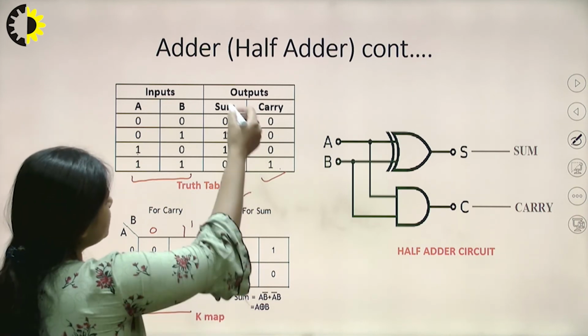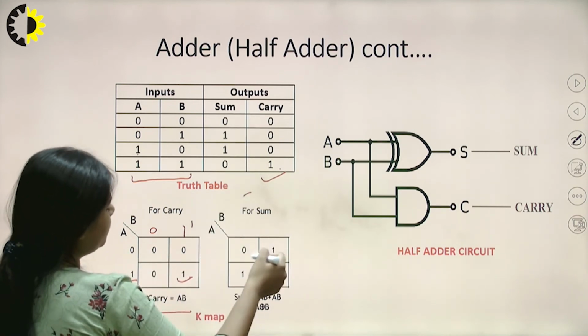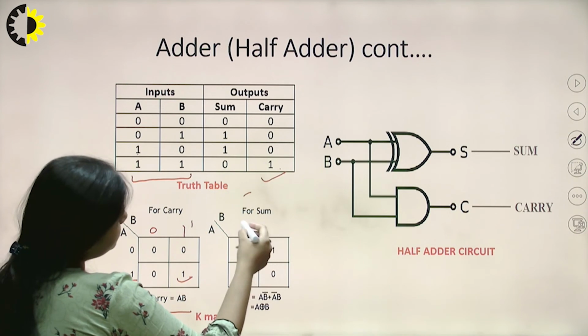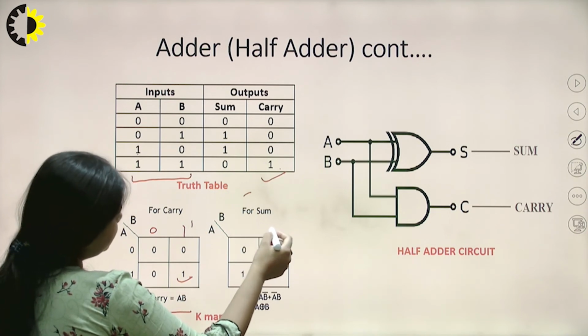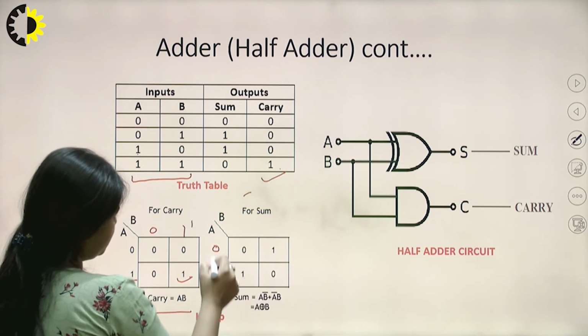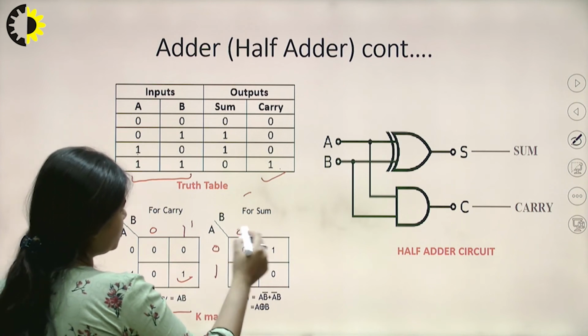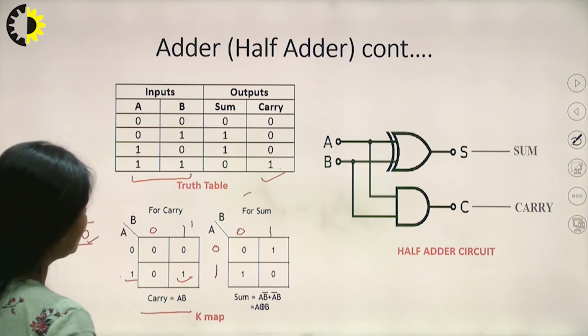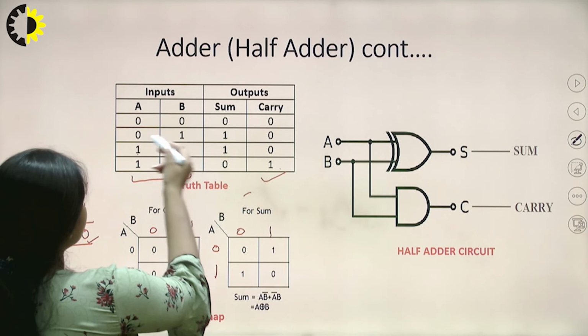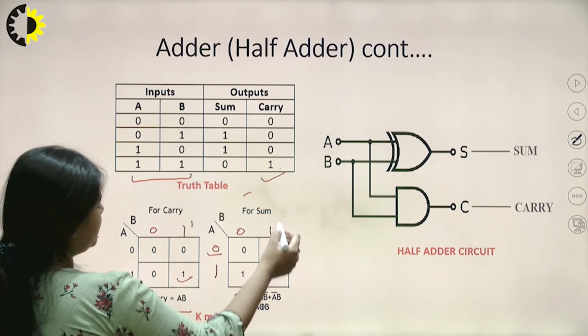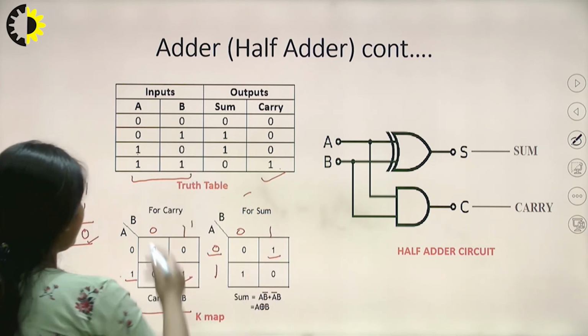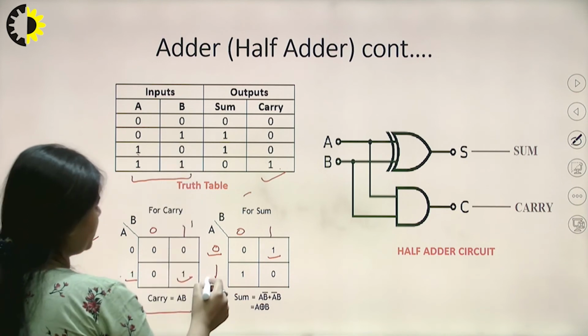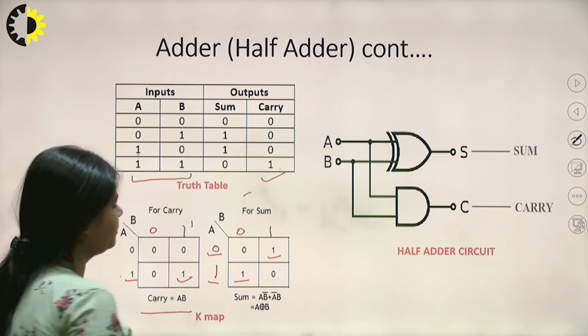Again for sum we will create the K map, with A's values 0, 1 and B's values also 0, 1. Whenever A is 0 and B is 1, we have 1, and when A is 1 and B is 0, then we have 1 here.